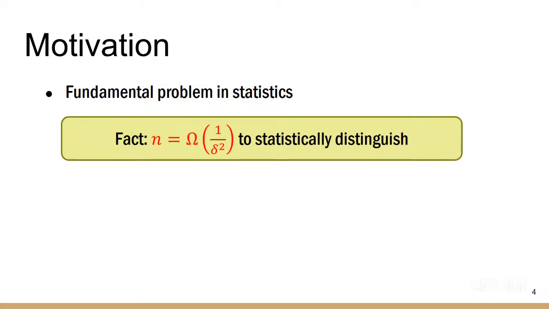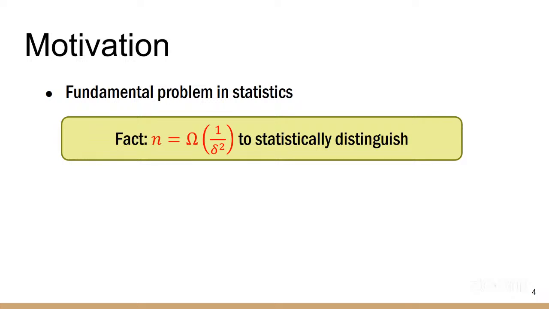If you have fewer tosses than this, it is impossible to solve the coin problem. This fact has been very useful in various areas of statistics, for example, to prove tightness of Chernoff bound or to show various information bounds, that you need these many samples to detect certain things about a distribution.